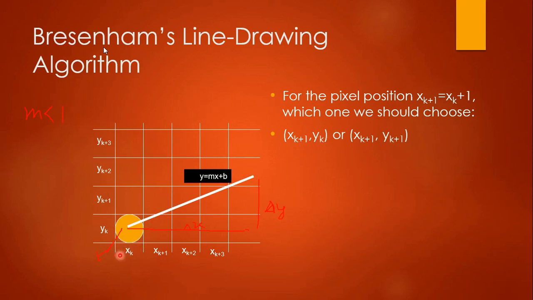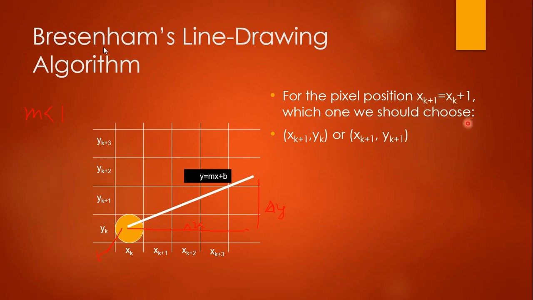Each unit here represents xk, and if you are incrementing on the x-axis, it is xk plus 1, xk plus 2, xk plus 3, and similarly along the y-axis you have yk, yk plus 1, yk plus 2, yk plus 3. For the pixel position xk plus 1, you can represent it both ways.